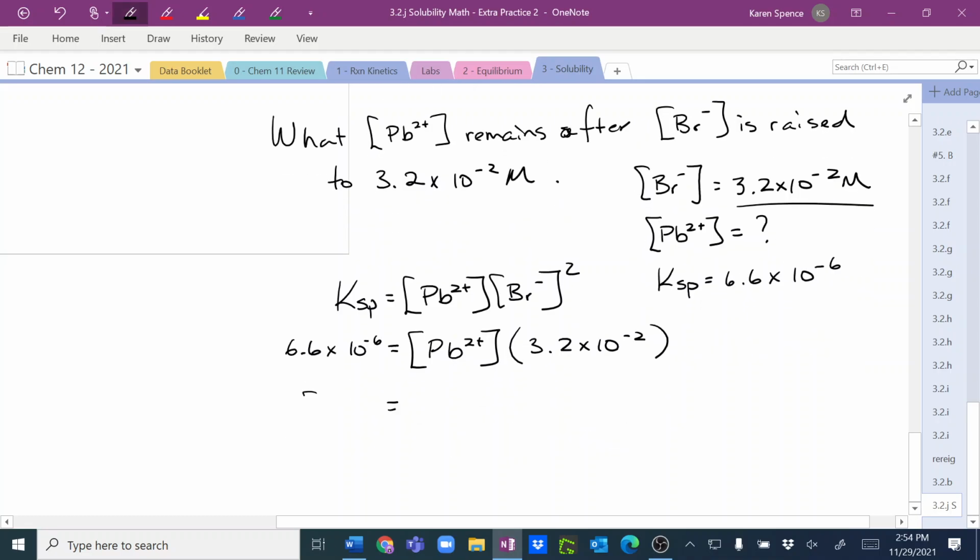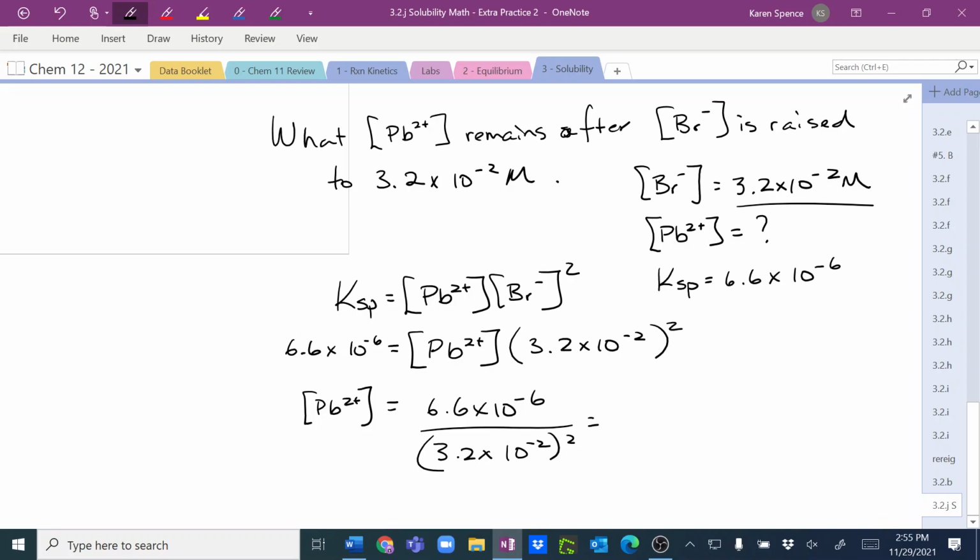So lead then is 6.6 times 10 to the negative 6 divided by 3.2 times 10 to the minus 2, squared, which equals 6.44 times 10 to the negative 3 molar, which becomes 6.4 times 10 to the negative 3 molar.